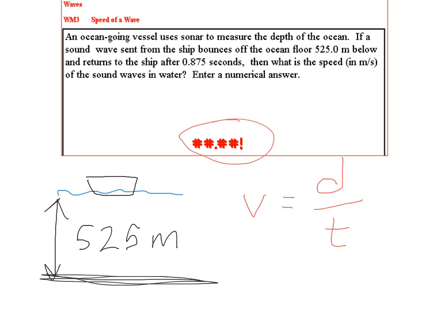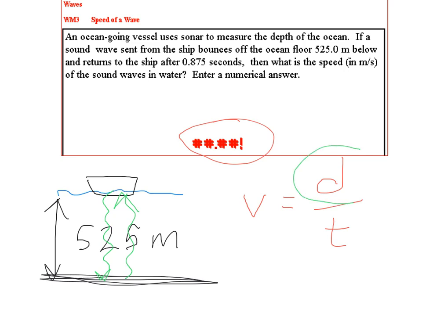So if I can kind of model this with a green wave here, so it goes down 525 meters, and then it has to bounce back up, back to the little sonar machine to get a sense that it hit anything. Well, look at the distance that traveled. That was not 525 meters, but actually twice that distance.